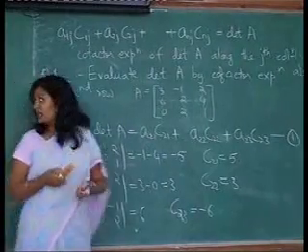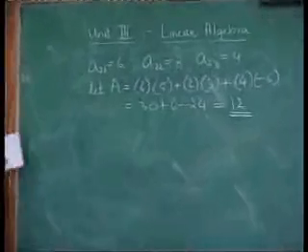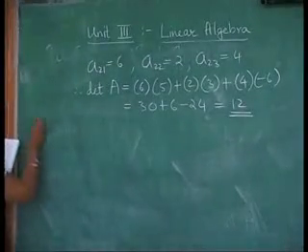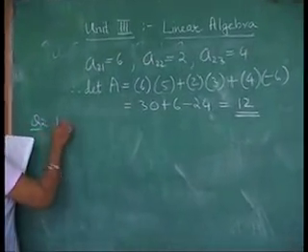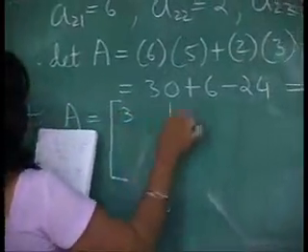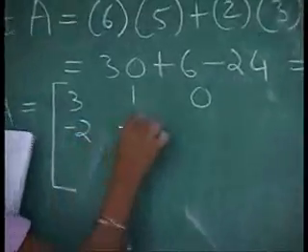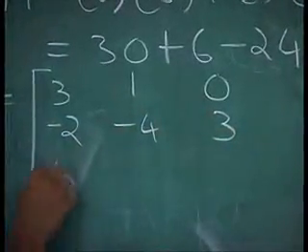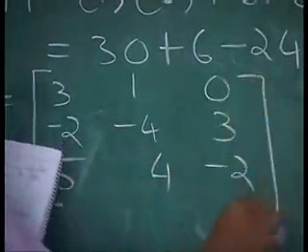So let's look at one more problem. Let A equal to 3, 1, 0, minus 2, minus 4, 3, 5, 4, minus 2.